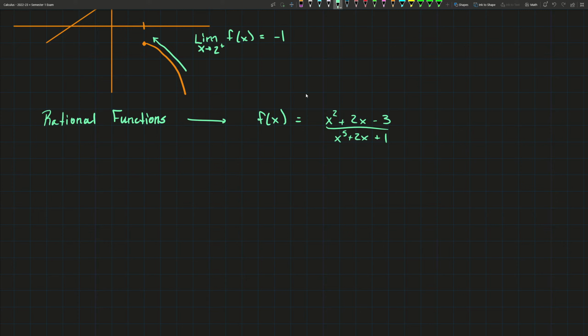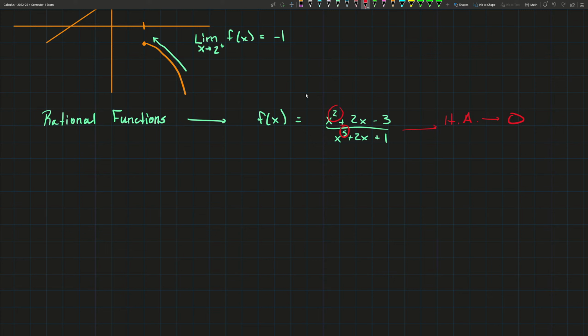How do you know what type of horizontal it is? You need to compare the degree of the numerator and the degree of the denominator. If the denominator is bigger, like it is in this case, the horizontal asymptote is 0. If the degree of the numerator is bigger, then there's probably a slant, in which case there's no horizontal asymptote, but the behavior is still unbounded. If the numerator and denominator degrees are equal, you're just taking the ratio of the leading coefficients. In other words, you're canceling things out that don't matter.